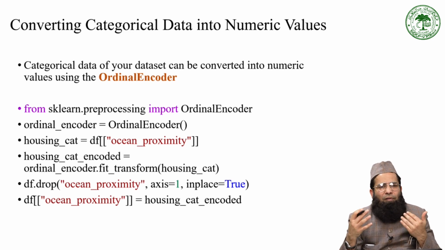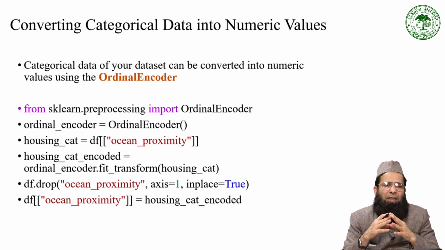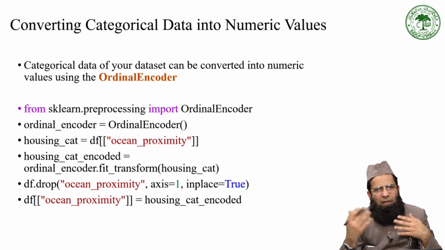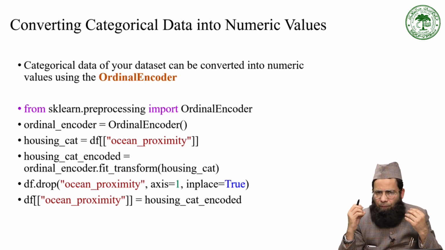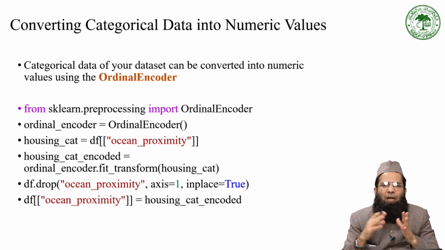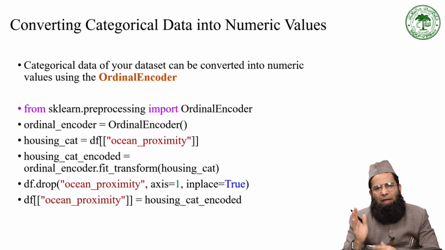And why is there a need to convert categorical data into numeric? Because several machine learning algorithms, like KNN and so on, work very well on numerical data. So for those types of algorithms, we should convert categorical data into numerical values.